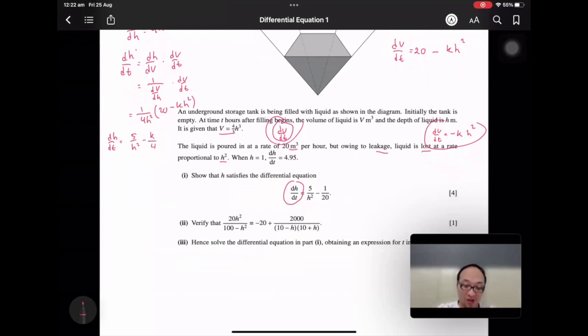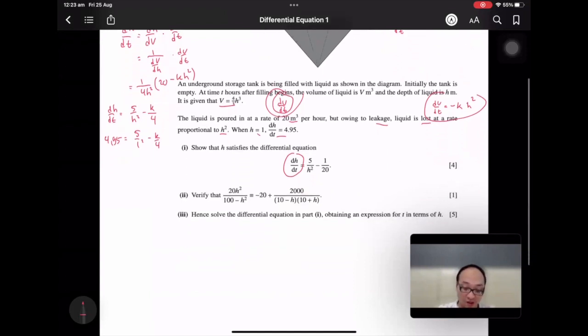And then finding k using the information. So 4.95 equals 5 over 1 squared minus k over 4. So I have 0.05 equals k over 4, so k equals 0.2.